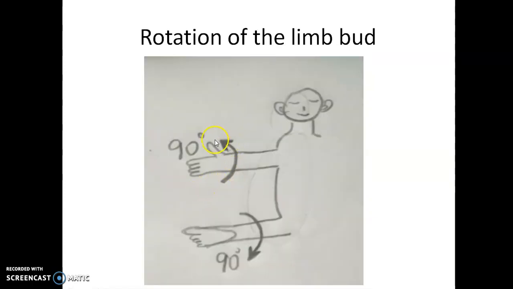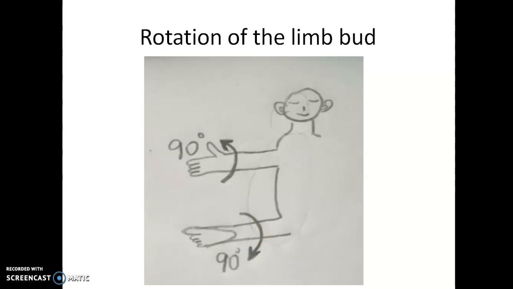That is because there is a 90-degree outward rotation of the upper limb bud, whereas a 90-degree rotation of the lower limb bud onto the inner aspect. The outer aspect is also called lateral aspect, inner aspect is also called medial aspect. When the upper limb bud rotates 90 degrees outwards and the lower limb bud rotates 90 degrees inwards, totally how many degrees will be there between the thumb and the great toe?